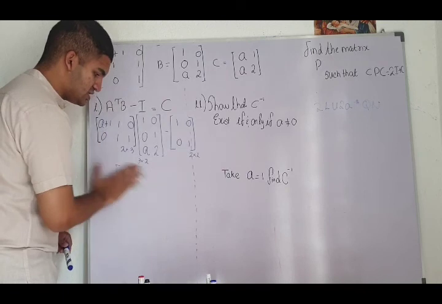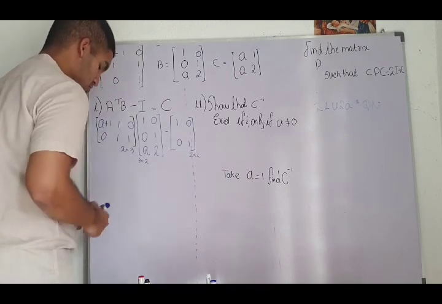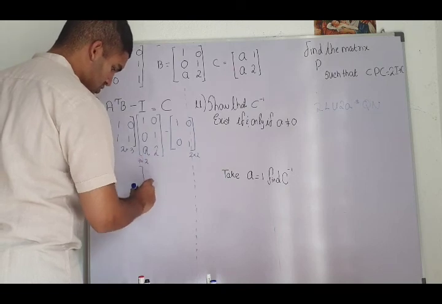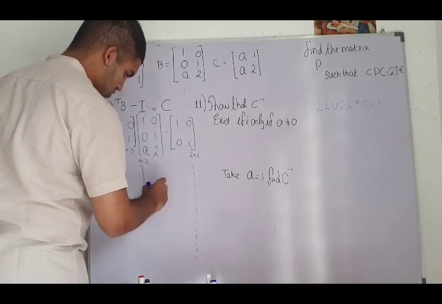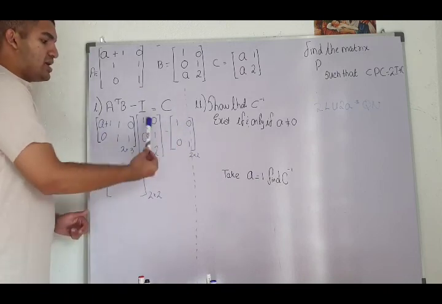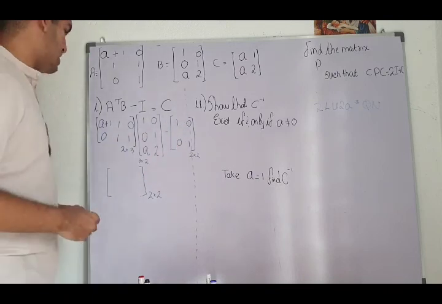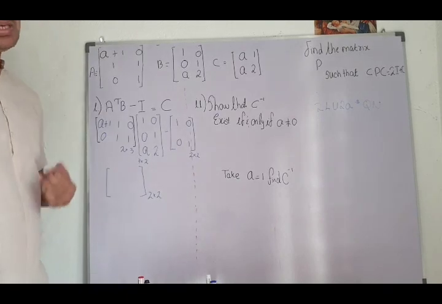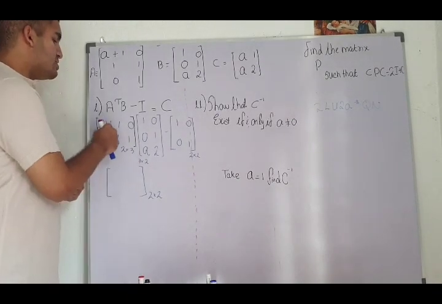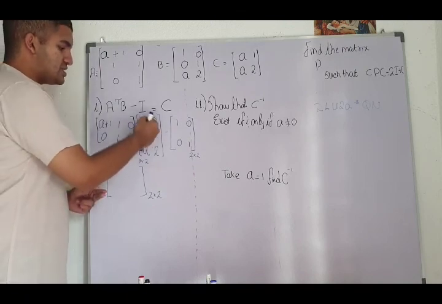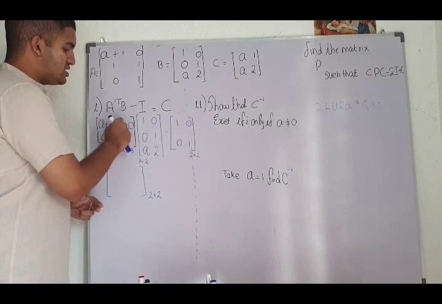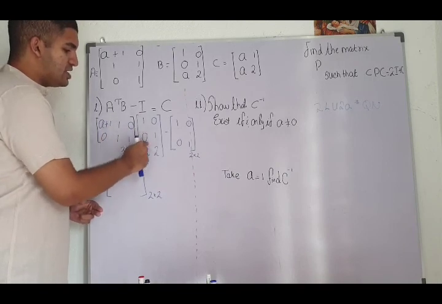I'll actually do this a bit bigger. 2 and 2. So now you got to multiply this. This is how you multiply actually. The multiplication is really easy. There is only a basic fundamental that you should follow here. So A plus 1 will be multiplied by this, and this one will be multiplied by this.